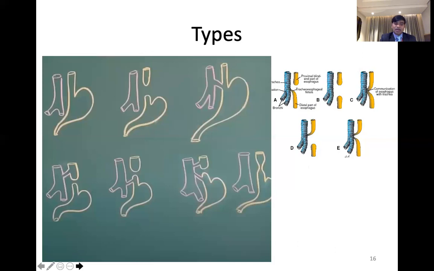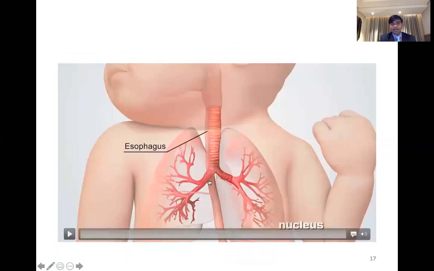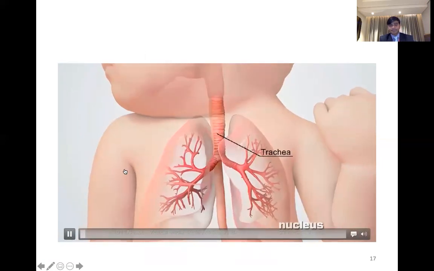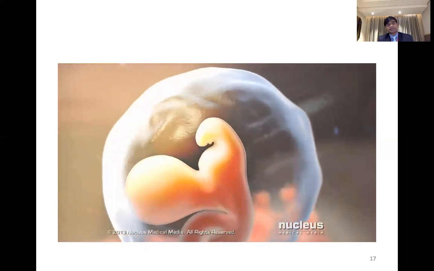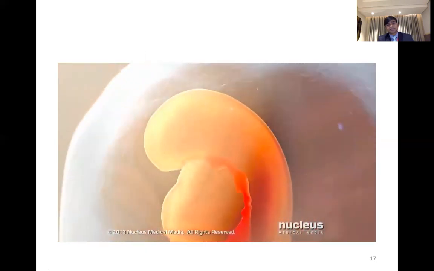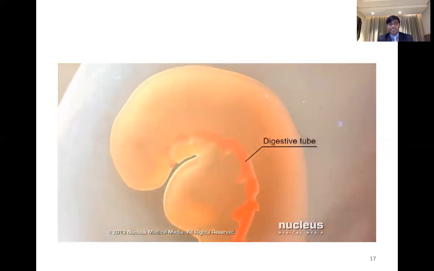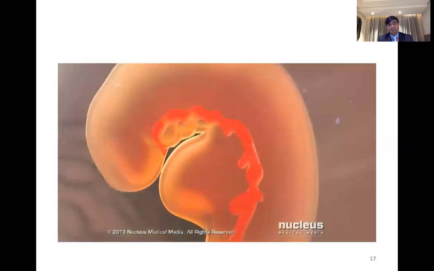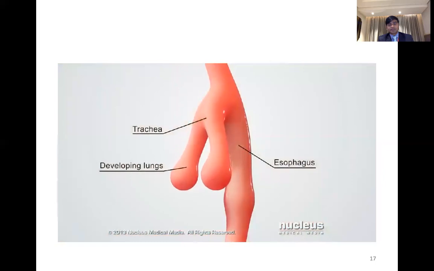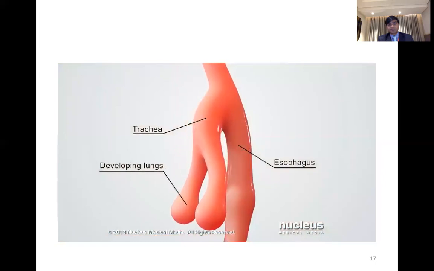Now, just to summarize, this is another video. I'll try to show it from the mouth and nose to the lungs. The trachea forms during the 6th week of pregnancy. Here you can see the tube that will eventually form all the organs of the digestive system. The trachea and lungs grow from the part of the digestive tube that will eventually become the esophagus.